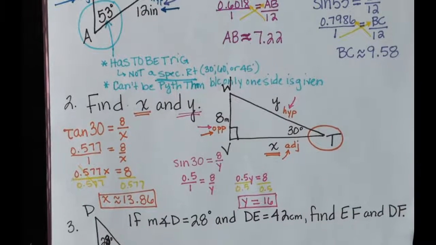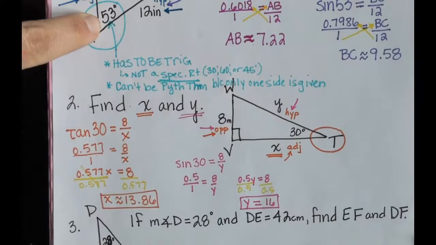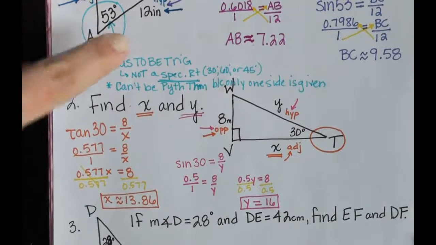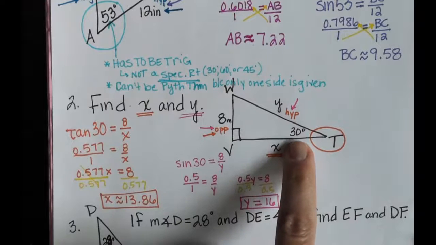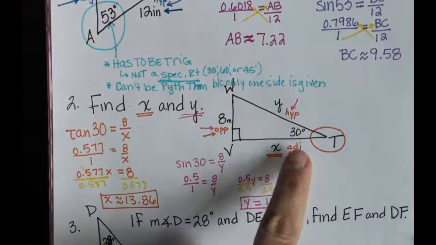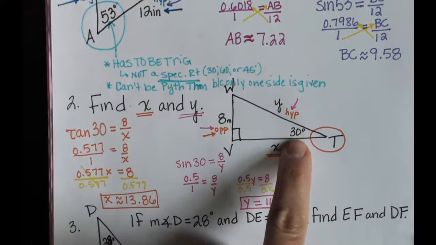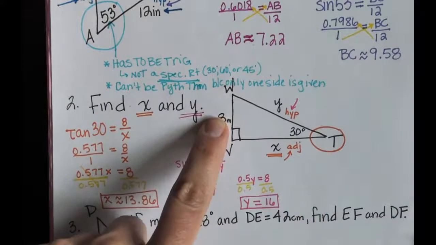I am going to point out, I purposely wrote this here because it has to be trig here because it doesn't fit our Pythagorean theorem or one of our special rights. Over here, we had a choice. We could have solved for x and y using trig. Some people find that faster and easier. Others would have said, wait a minute, that's a special right situation, and better yet, it's opposite the 30.